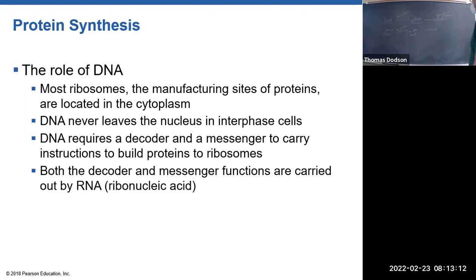Do you remember what this word was from here to here? It also starts with T. What's that? No, it's correct. It is translation. And I like to think of it this way because the information here gets translated into a protein, just like you might translate a word from one language into a different language.